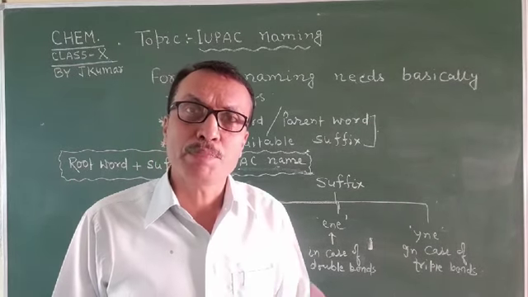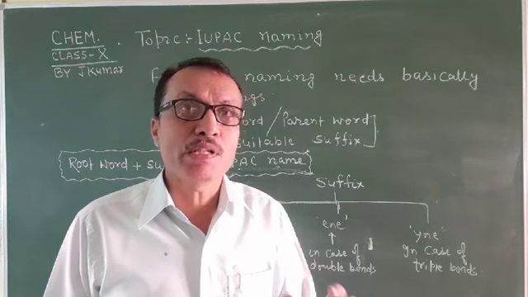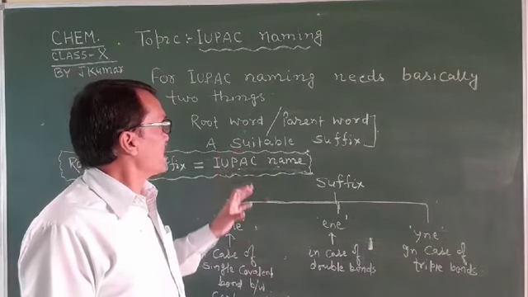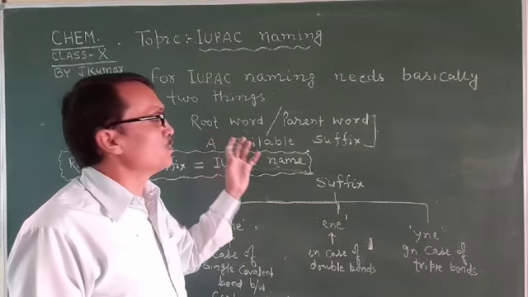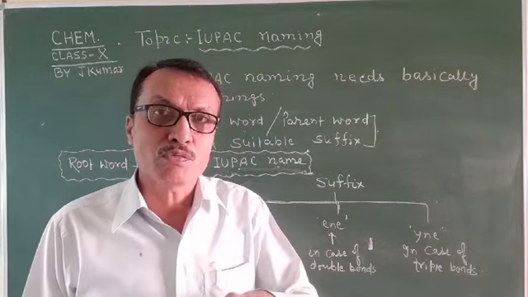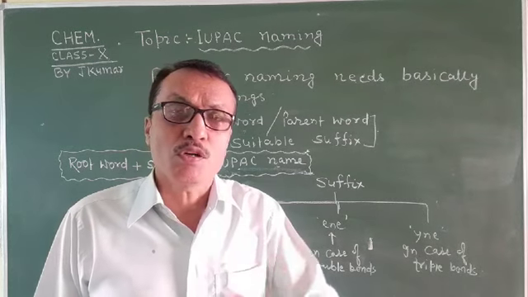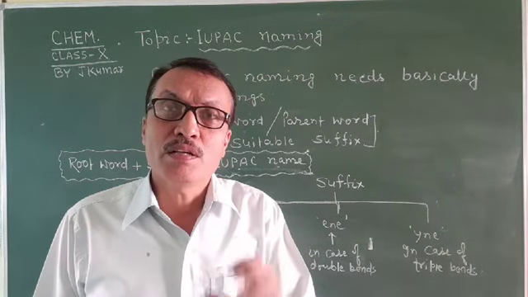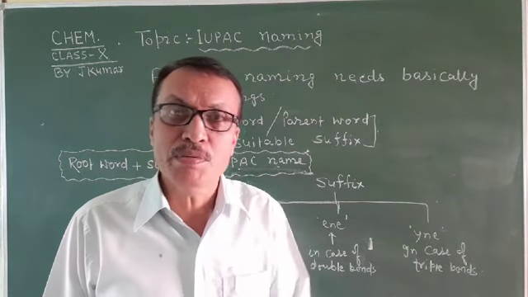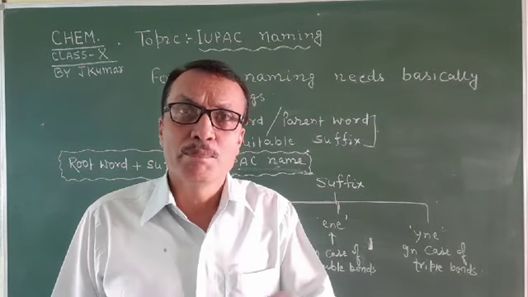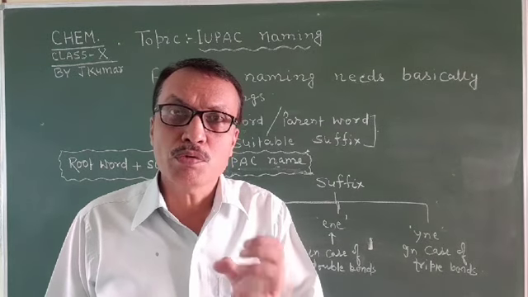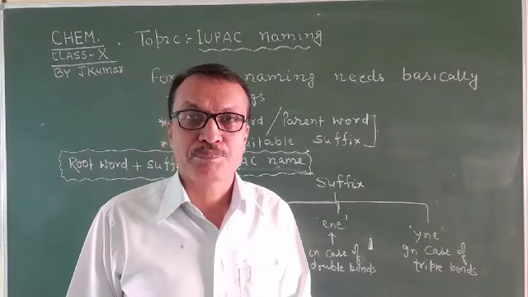Students, now the question arises from where we get root word or parent word. Root word or parent word is obtained from the number of carbons present in that compound. Means the number of carbons present in that compound will give you the root word or parent word.